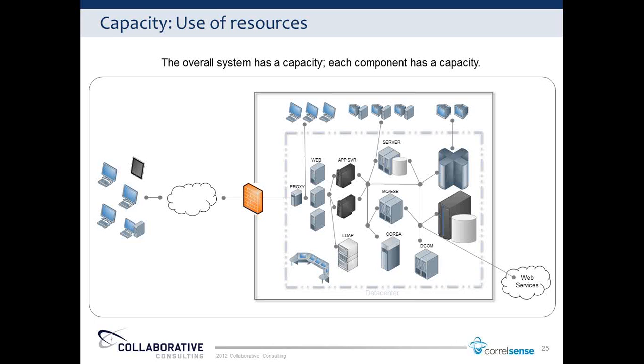So if you look at the 10 transactions a second for the system, that gets translated down into the components. So the web server, from a resource perspective, might only be 20% utilized to handle 10 transactions. The application servers may be 50% utilized, and the database servers, 60% or more, or any component.